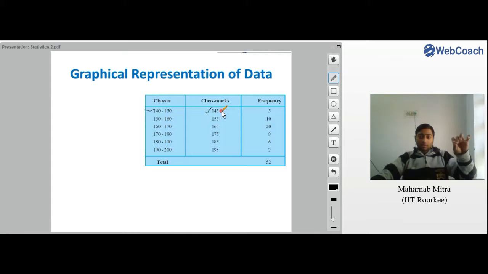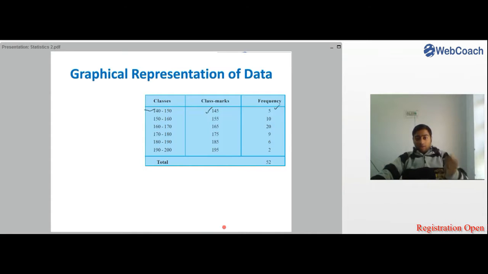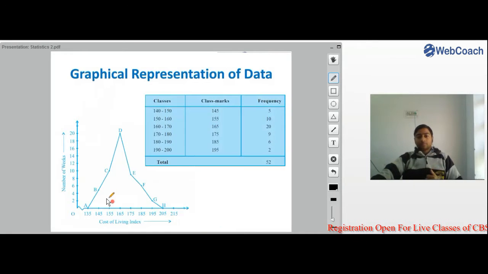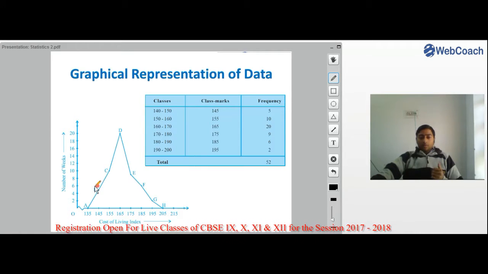We have to find the midpoint or the class mark at the point where frequency is 5. Where the frequency is 5, we will draw a point, and also the class mark is 145, or the midpoint of the class is 145. And we have done this in all the cases. So let us see, and this is how the frequency polygon comes out.